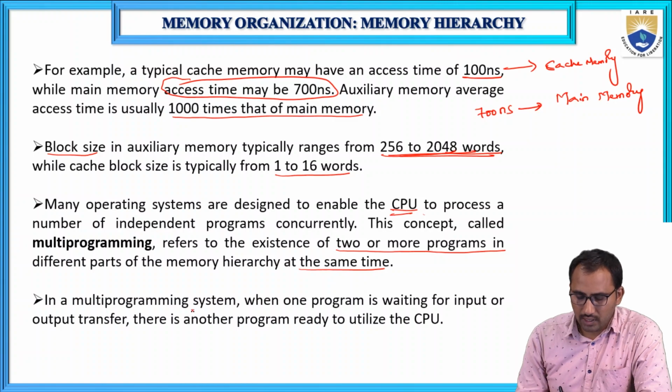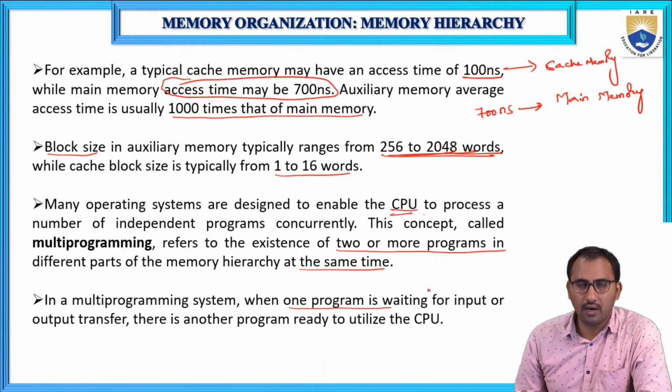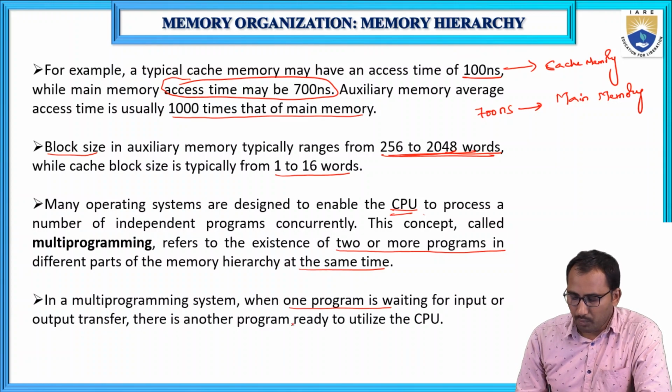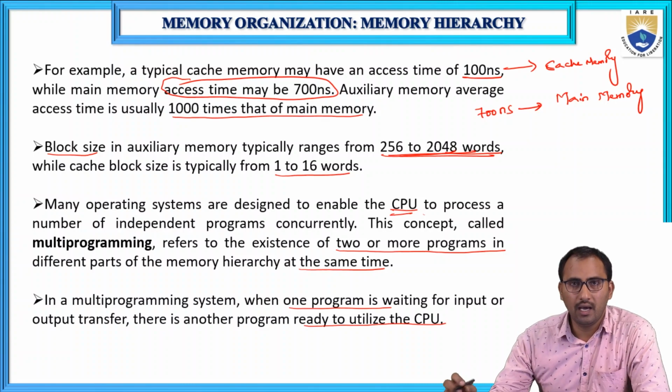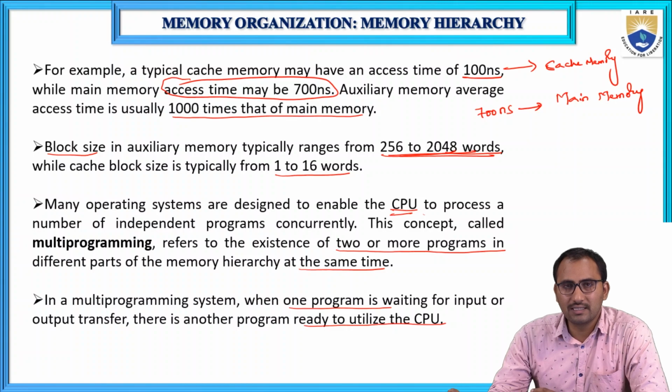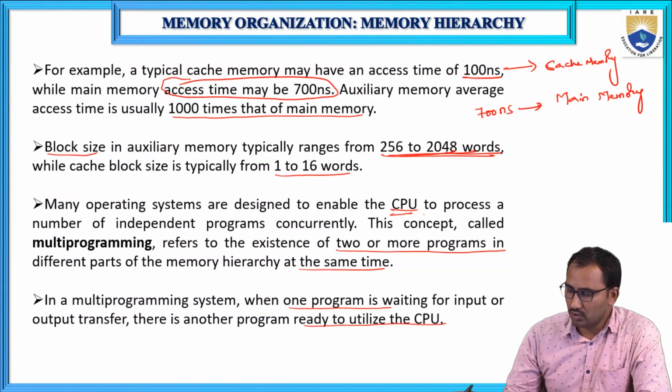In a multiprogramming system, when one program is waiting for input or output transfer, there is another program ready to utilize the CPU. Two or more tasks are sharing the CPU's time, so we can perform two or more tasks simultaneously. That is called multi-programming.